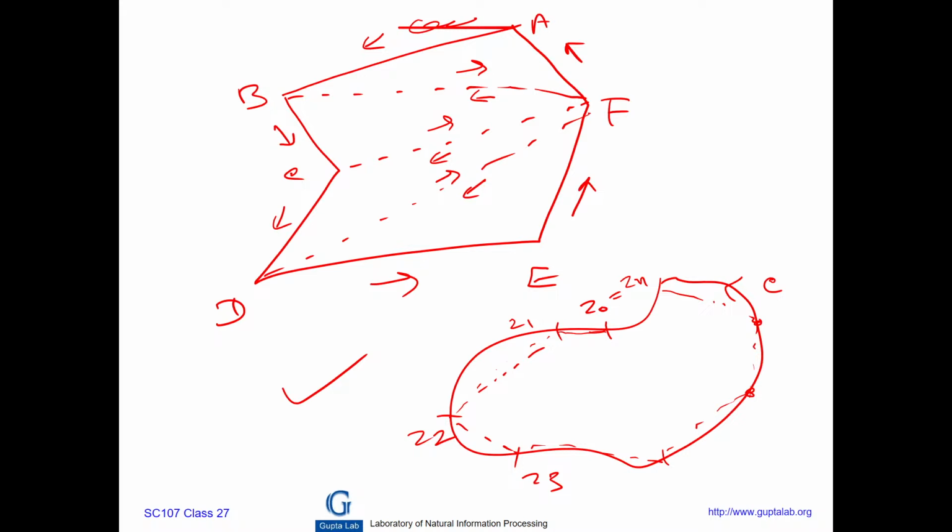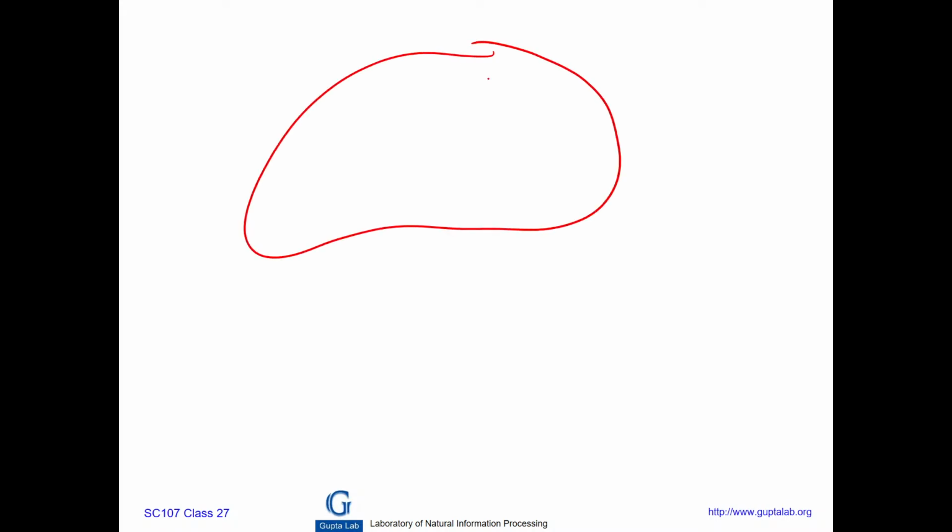Once it is done for this, we can also do it for a multiply connected region. Suppose this is C1, this is C2.